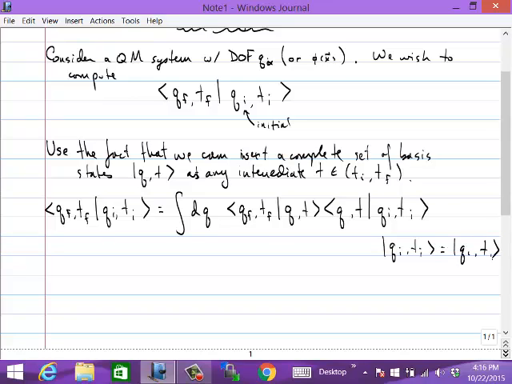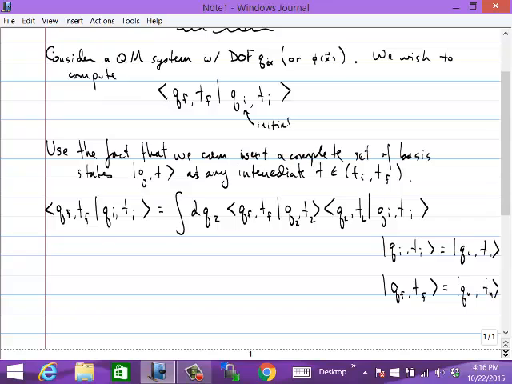So we're going to start out at some initial time t1 at position q1. And similarly, I'll call the final time and position qn and tn. And this intermediate time, I'll call it q2, rather than just q and t.